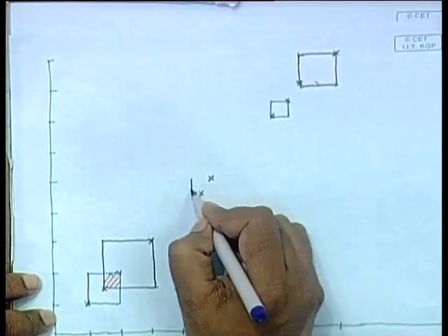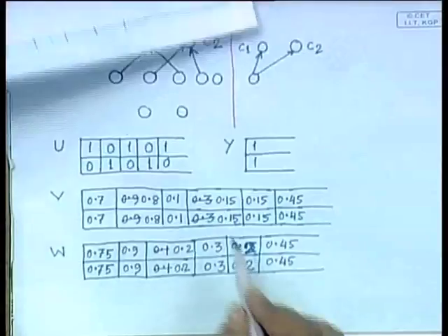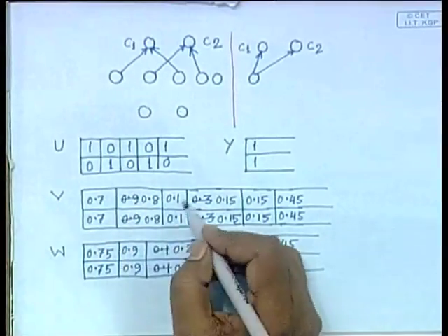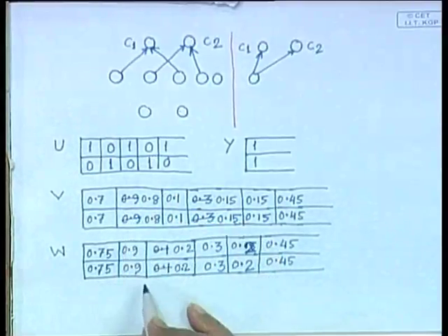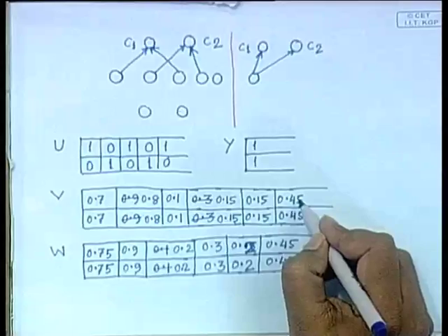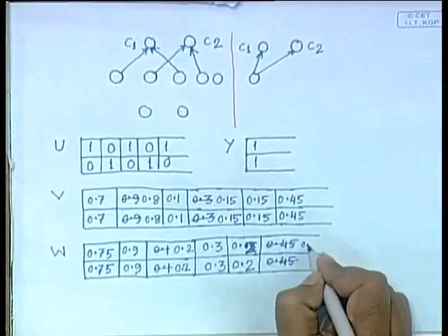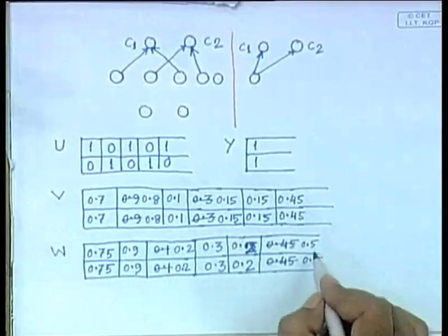So, I have this hyperbox, and I do not have to add any node because the node is already added. So, accordingly I will not have any modification in the U matrix, but V and W matrices will be changed, okay, where the min point remains the same, but the max point now becomes 0.5 and 0.5. Okay.